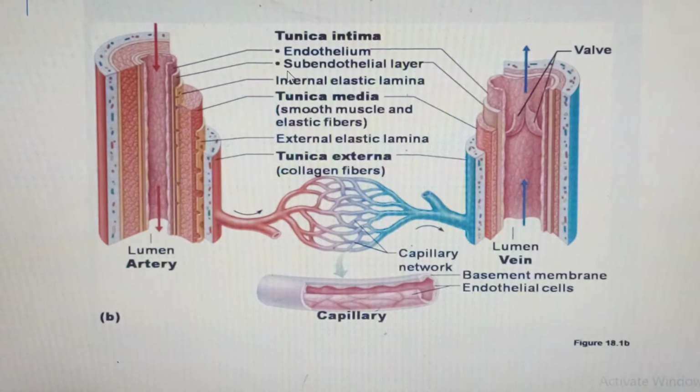So the endothelial cells will be secreting collagen, mainly type 2, type 4, and type 5, as well as laminin, so that it forms part of what we call the basal lamina. Now remember that between the endothelium and the subendothelial layer will be a thin layer of basal lamina, like the basement membrane. Of course, we know every epithelium will sit on a basement membrane.